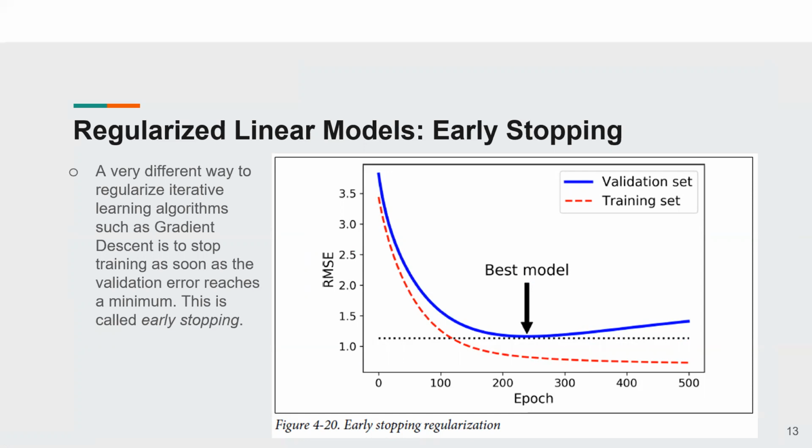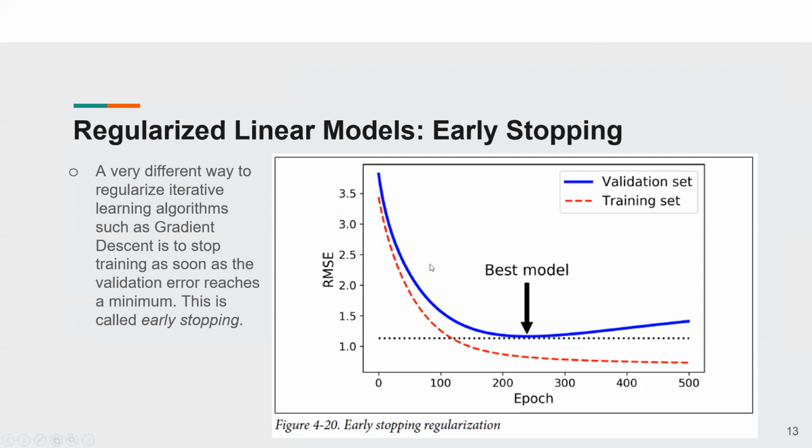But there's a very different way to regularize iterative learning algorithms, such as gradient descent: stop training as soon as the validation error reaches the minimum. This is called early stopping.